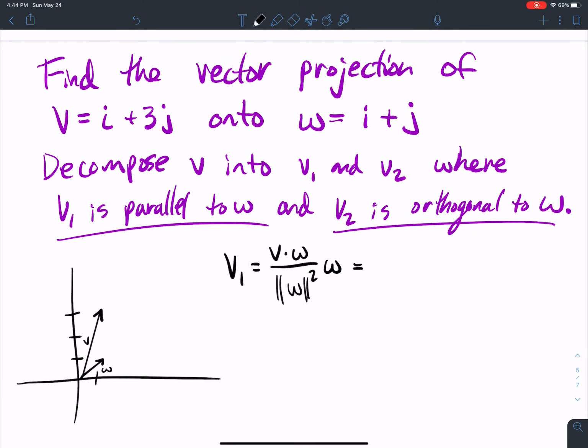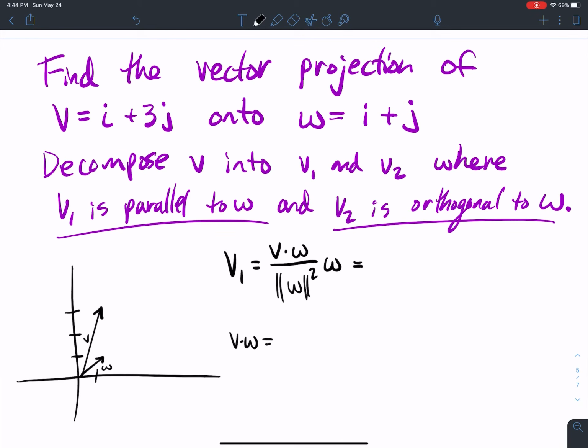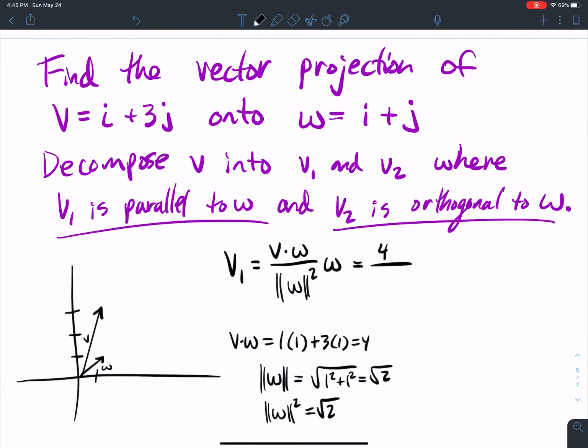So V dot W is equal to 1 times 1 plus 3 times 1. So that's 4 over the magnitude of W, which is the square root of 1 squared plus 1 squared, the square root of 2. So the magnitude squared is the square of the square root of 2, which is 2.